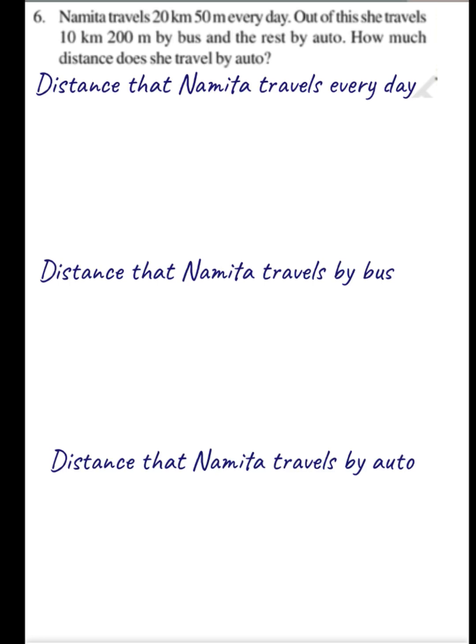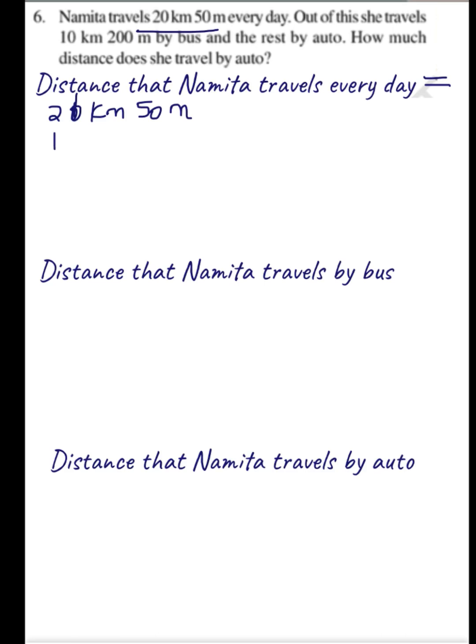That is, the distance that Namita travels every day is given as 20 km 50 meter. Now you have to convert this 20 km 50 meter to kilometer. Let's do it.